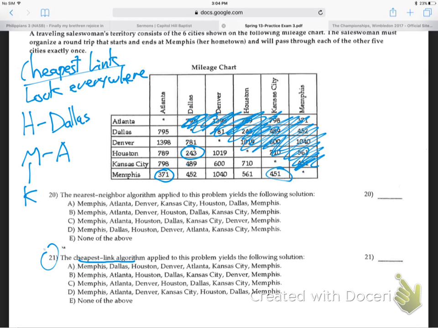Remember with the cheapest link, you just keep picking roads, links, but you be careful to make sure you don't violate what two rules? Too early of a loop that closes itself without using all the cities, or 3 roads, 3 connections hitting one city. Don't do those 2 things. Otherwise, keep going. So after the 451, what's the next number?